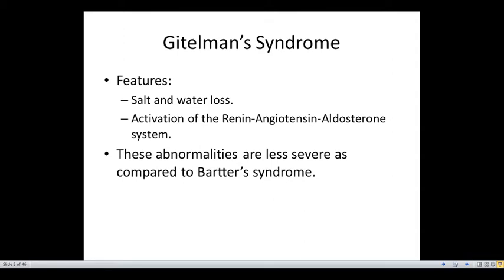The features of Gitelman's syndrome are salt and water loss and activation of the renin-angiotensin aldosterone system. However, these abnormalities are less severe as compared to Bartter's syndrome.